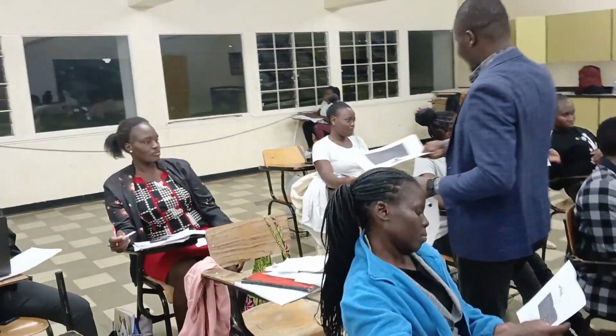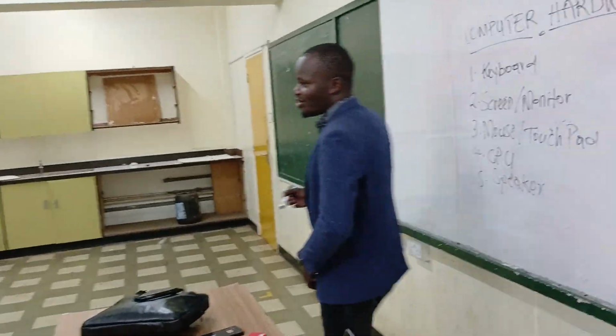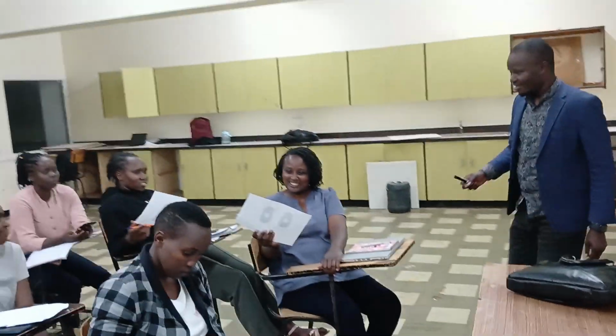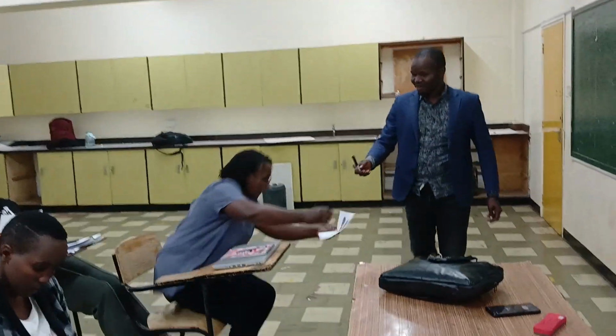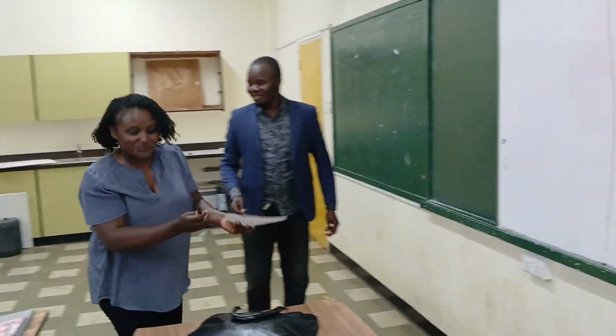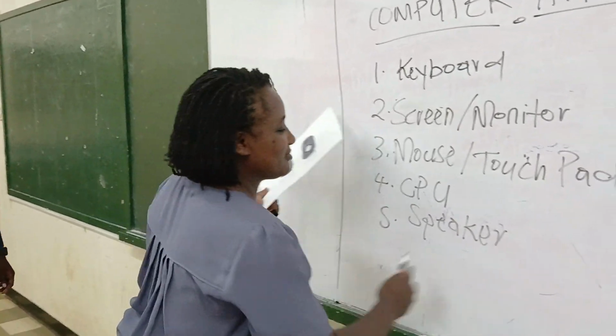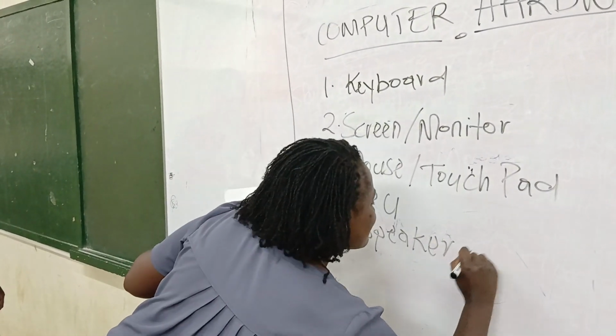And lastly, this one. So I think 1 minute is done. One member of each group to come. I'll start with group 1. Group 1, tell us which hardware is that. The speaker, can you clap for group 1?